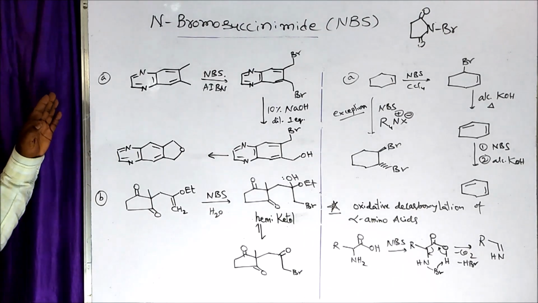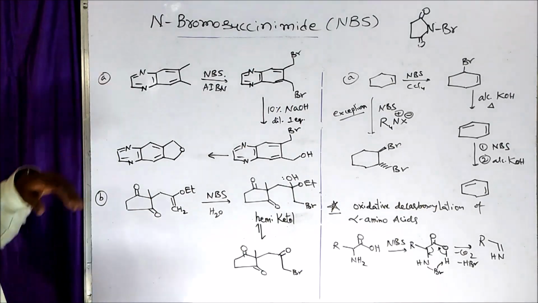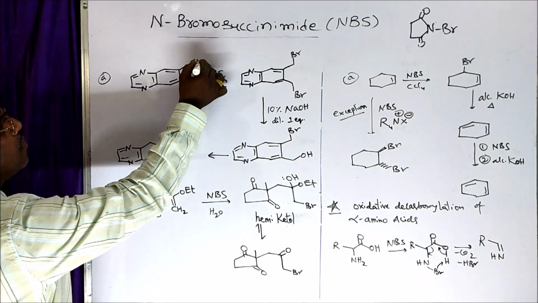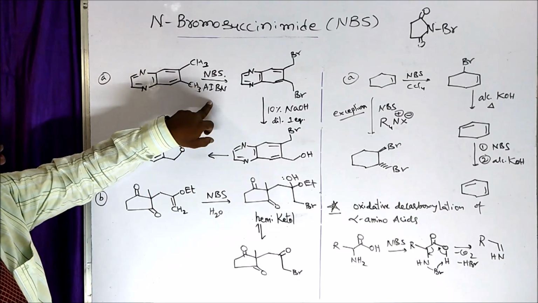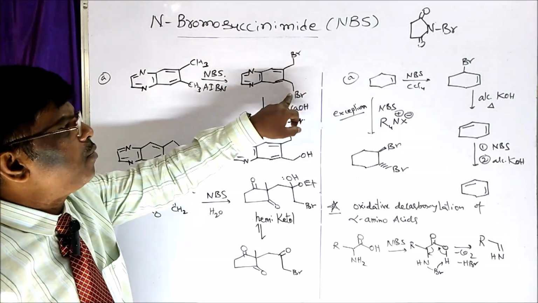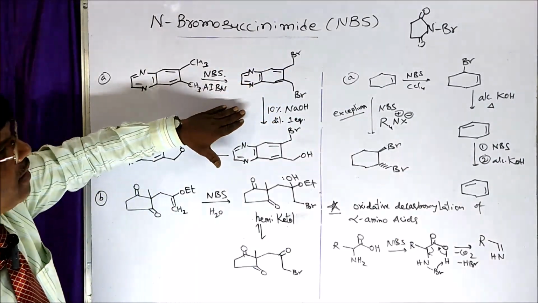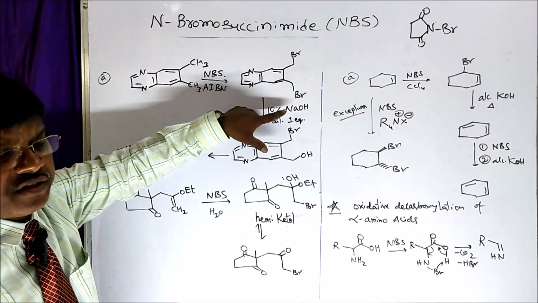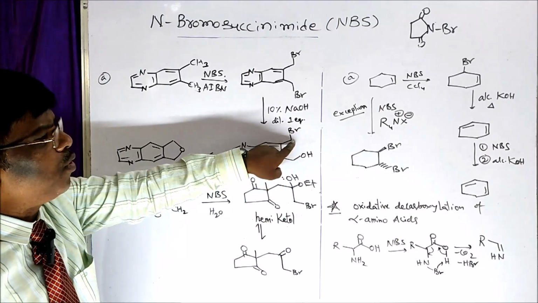Yes, students. Let us take some very important examples. See this example. What are these? This is a benzylic carbon. So this is also a benzylic carbon. In the presence of N-Bromosuccinimide, benzylic bromination takes place. So after benzylic bromination, we are going to get this dibromo compound. Upon hydrolysis using 1 equivalent of aqueous 10% NaOH solution, you are going to get this monohydroxy bromo compound.